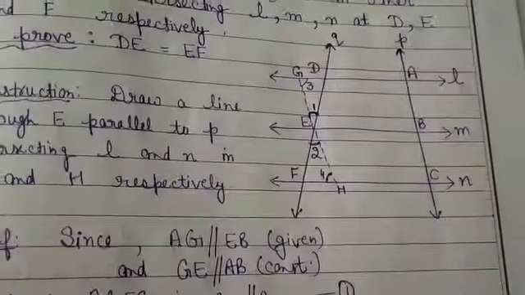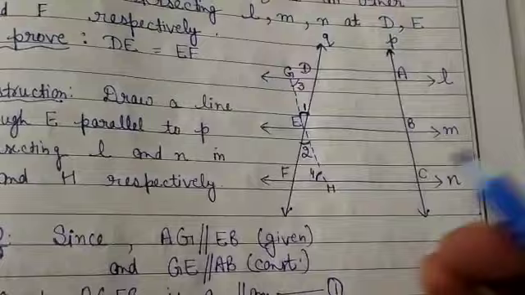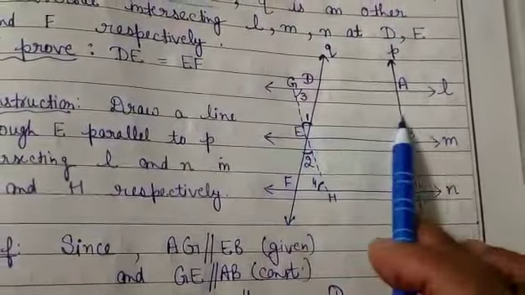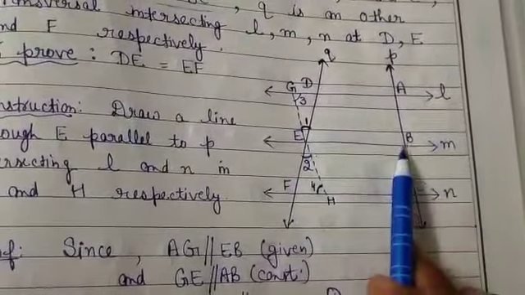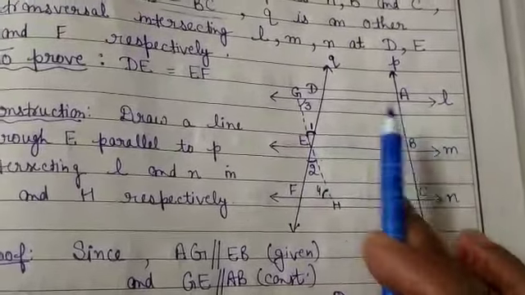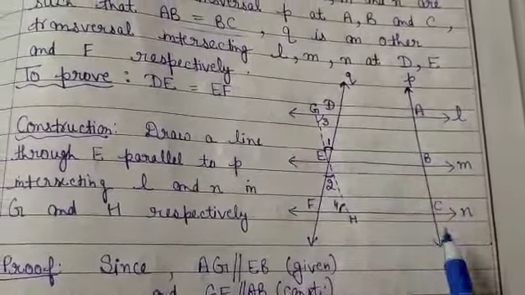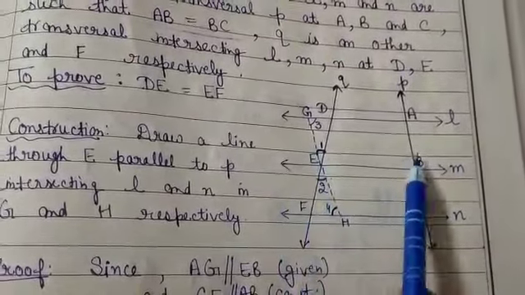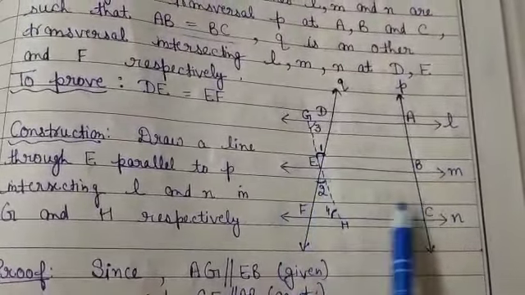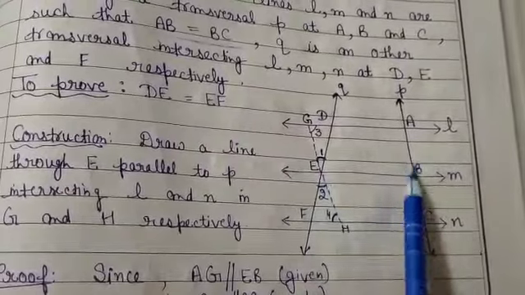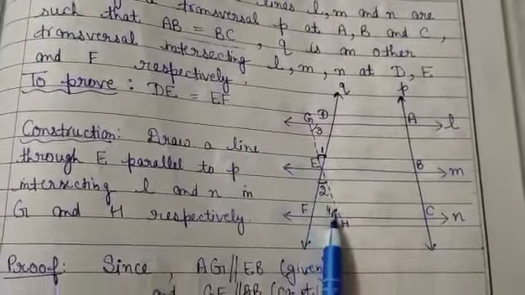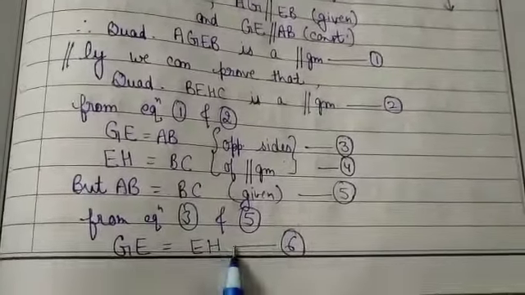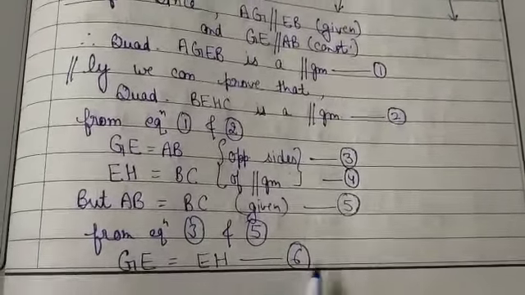You see what we have proved? We have proved GE equal to AB and EH equal to BC. But it's given that AB and BC are equal. It means GE equals AB, EH equals BC, and these two line segments are already equal. It means GE equal to EH. It's the result we have got here. We will call it equation number 6.